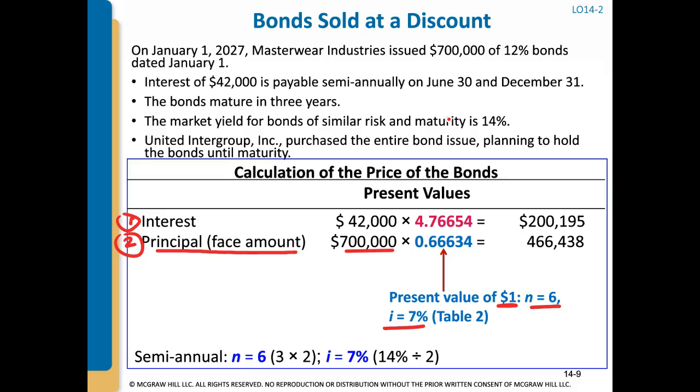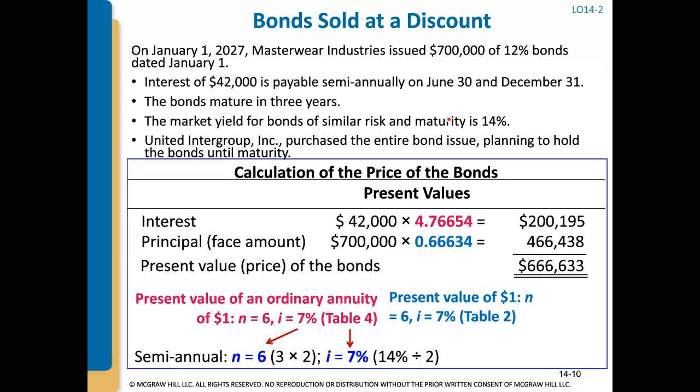And if you look at that table, the factor is 0.66634. And you take the 700,000 times that factor, it's 466. And you add those two numbers up, the 200 plus 466 equals $666,633. That's a lot of sixes and a lot of threes. But this is going to be the selling price of the bond.